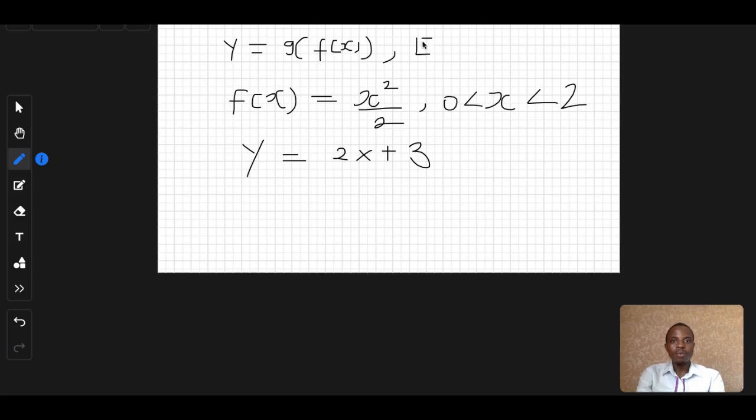Expected value of Y in such a case as this will be expected value of g of f of x.